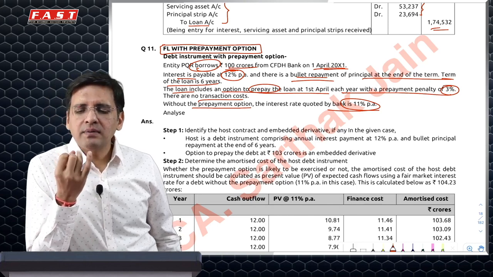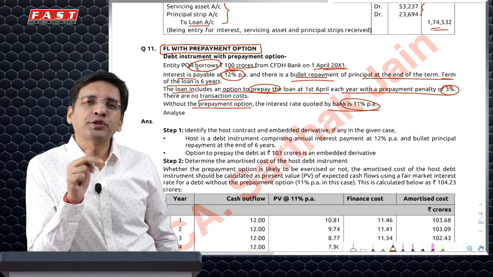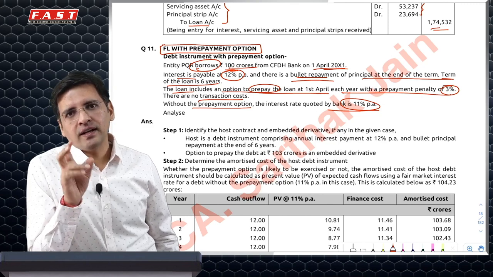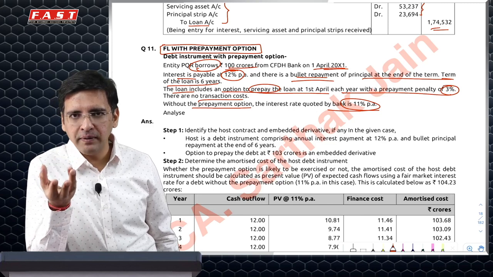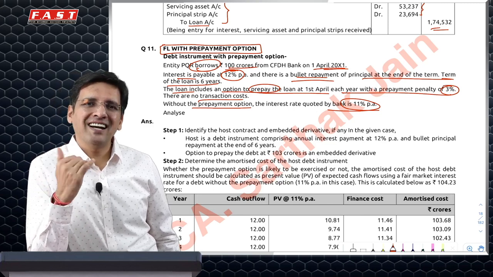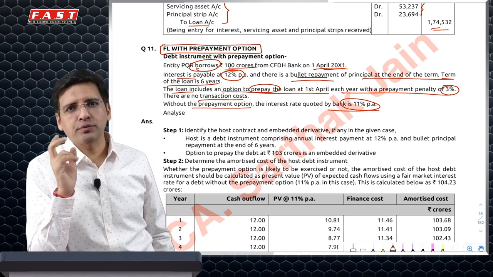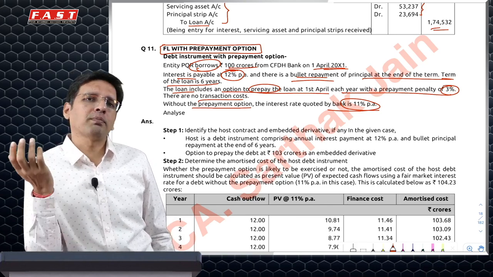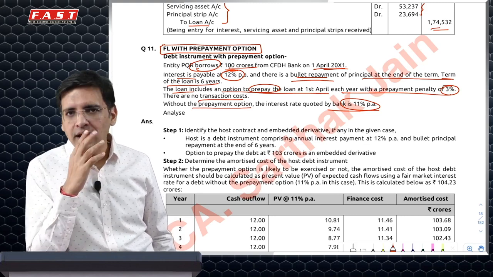It is a financial liability. I have paid an additional sum in this loan to get an option to repay this loan early. Is this not a financial liability plus a derivative, where the premium I have paid is to become the holder of an option to prepay it early? And hence it should be an embedded derivative. Split accounting should apply. Financial liability carried at amortised cost and the derivative component carried separately.